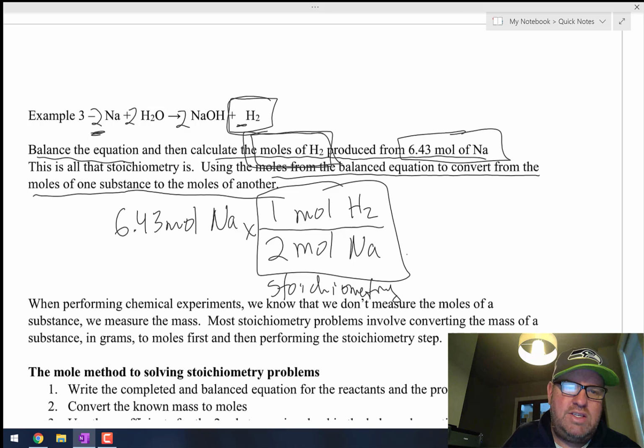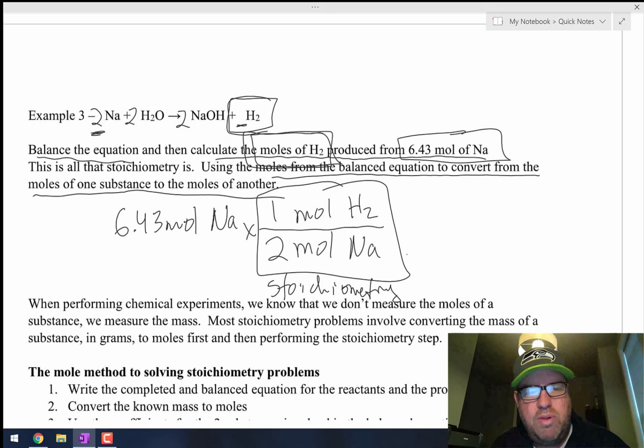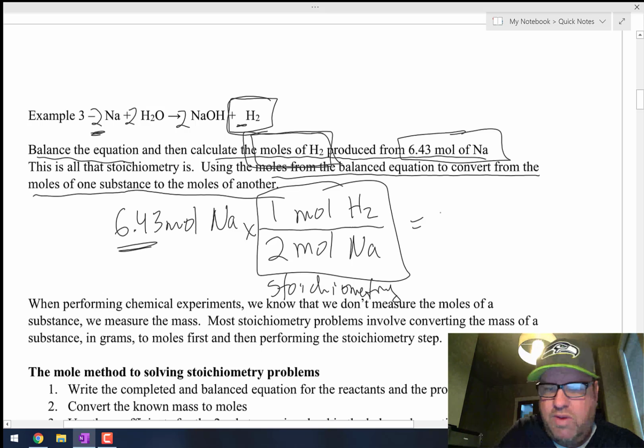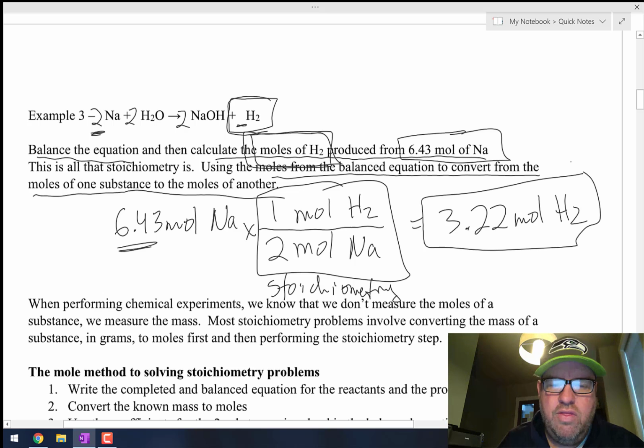So now I take 6.43, I multiply by 1, I divide by 2, 6.43 times 1 divided by 2 equals, and that has 3 digits, so in my answer I'm going to put 3 digits, 3.22 moles of H2, and that is the correct response.